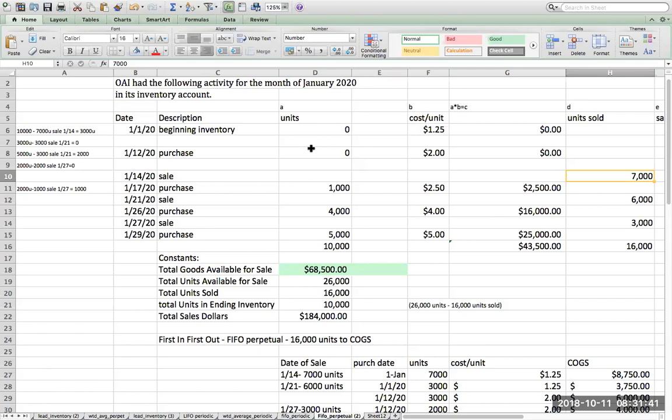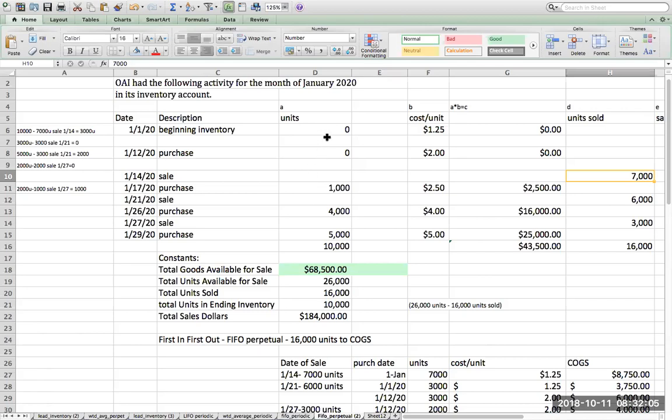So that's the difference between LIFO perpetual and LIFO periodic, and weighted average perpetual and weighted average periodic will get you different results, because as you're doing the averaging, you're going to come up with a different costing amount.